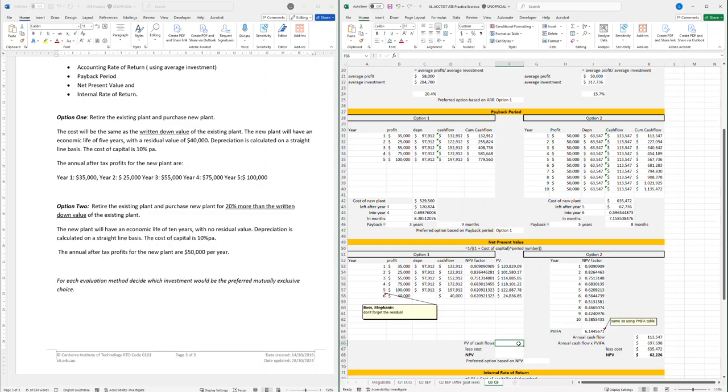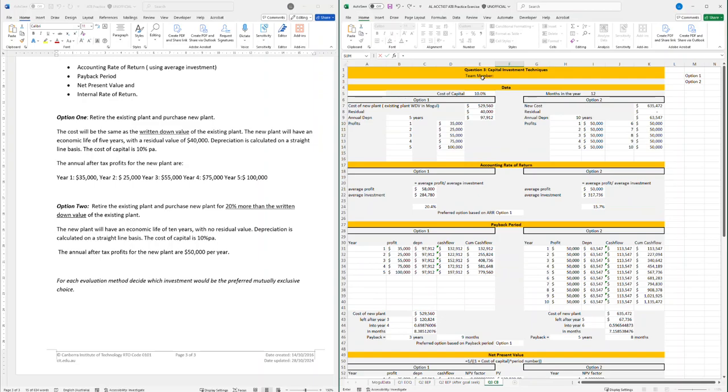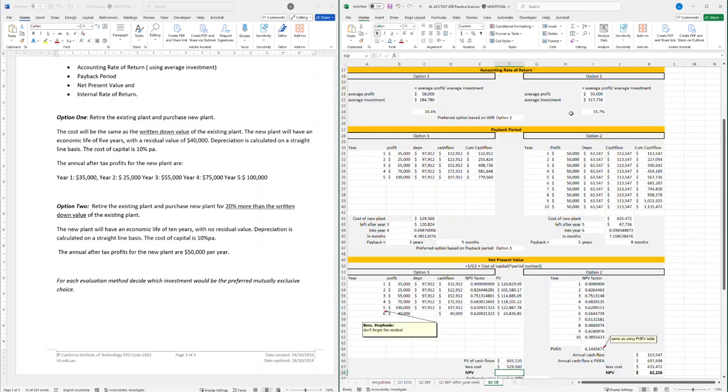Now let's do a similar thing for option 1. Present value of the cash flow is equal to the summation of your column F. The original cost is 529,560.